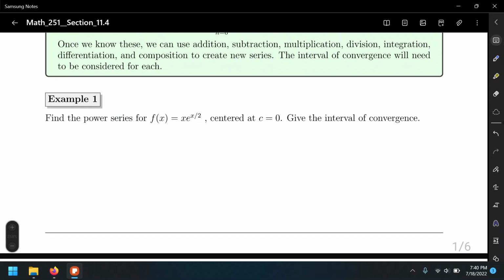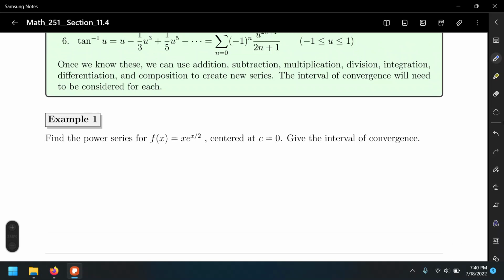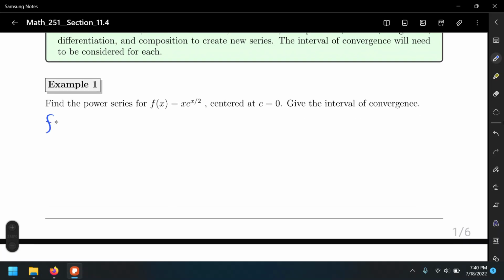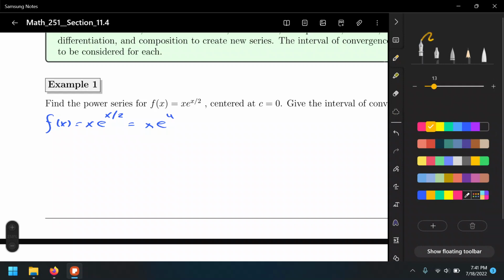So find a power series for f of x equals x e to the x over 2. So here the most prominent part is the exponential part. How about we call it x e to the u, where in this case u is x over 2.